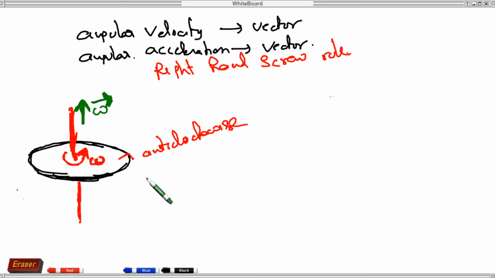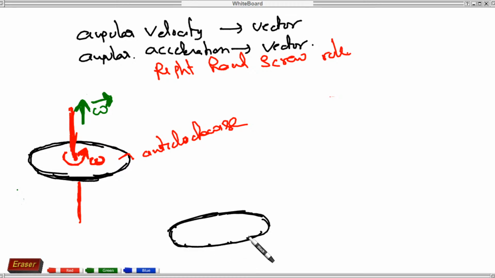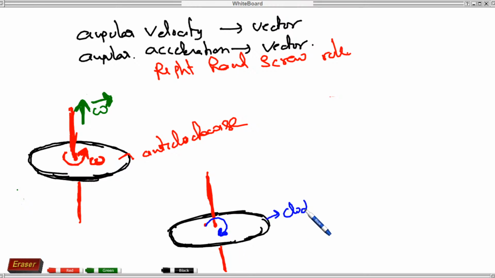Suppose this is a circular motion and this is the axis of rotation. Now at this time the angular velocity is in this direction, that is, in clockwise direction.